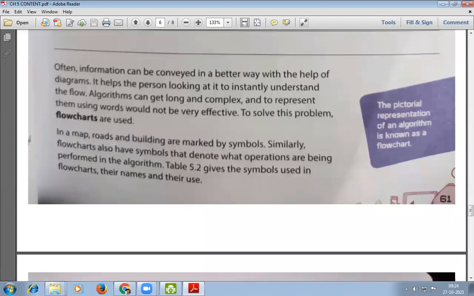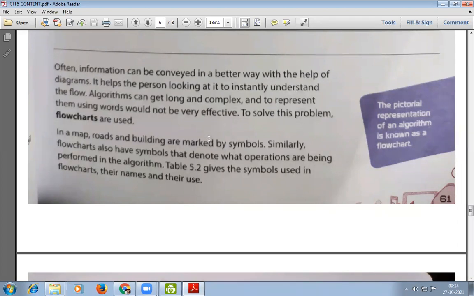So in a map, roads and buildings are marked by symbols. Similarly, flowcharts also have symbols that denote what operations are being performed in the algorithm. Table 5.2 gives the symbols used in flowcharts, their names and their use.